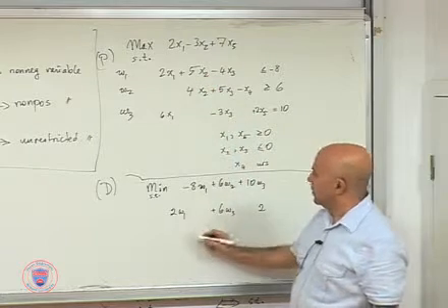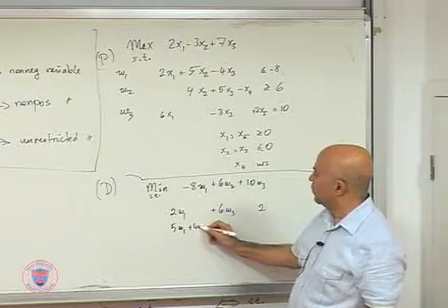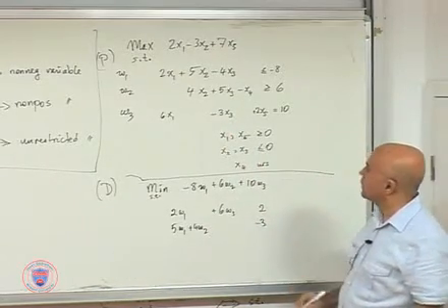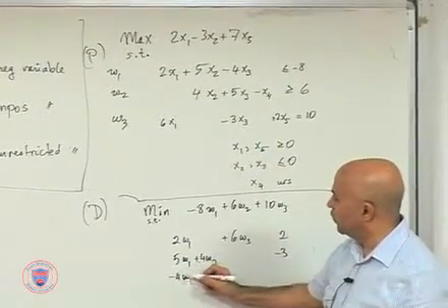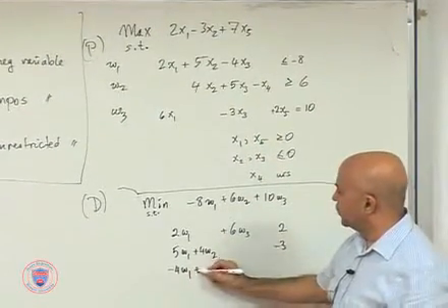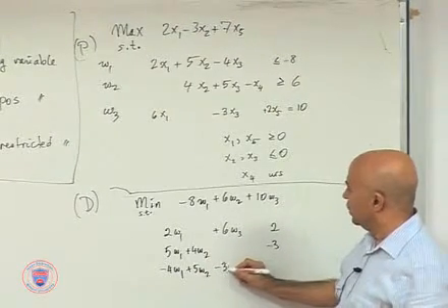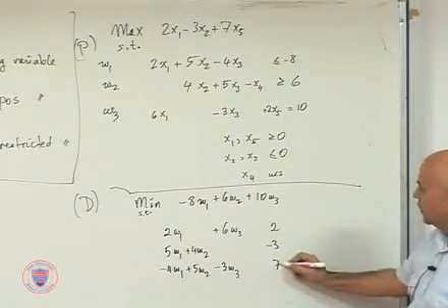The second column gives rise to 5W1 plus 4W2 and minus 3 on the right side. Then minus 4 W1 plus 5W2 minus 3 W3, right side is 7.